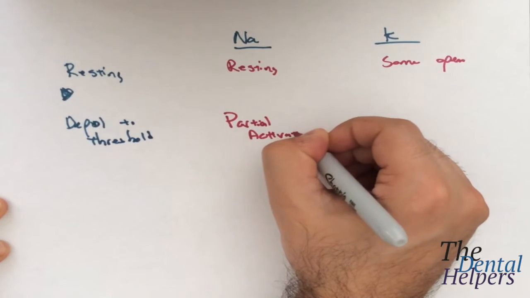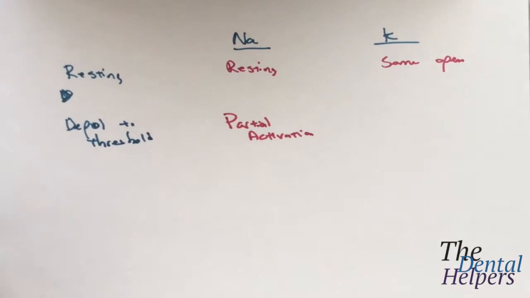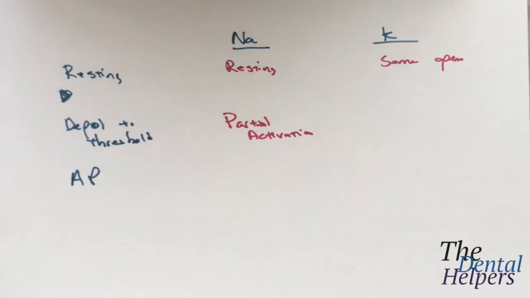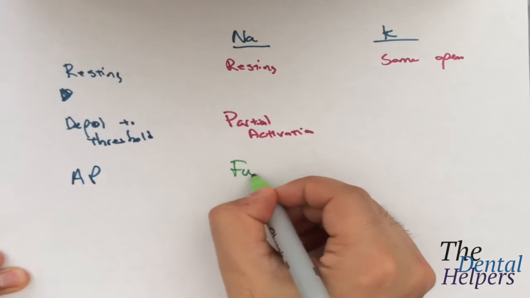And if you remember, this is where we see that the sodium gates are starting to open up, and we're allowing some of the sodium ions to come in to give more of a positive state. Now once we hit action potential, we have full activation, meaning that we're completely open.